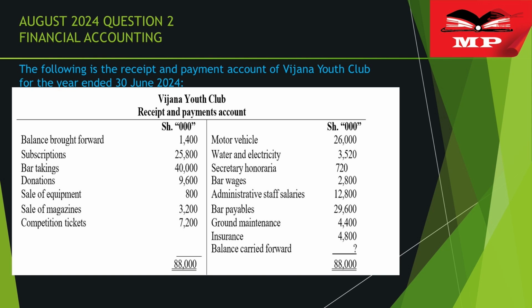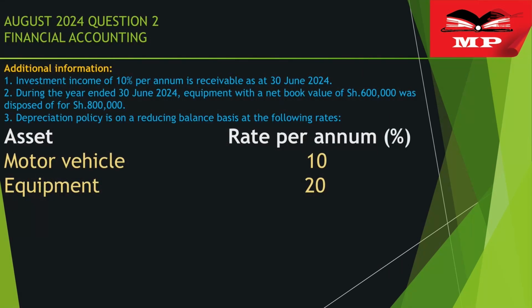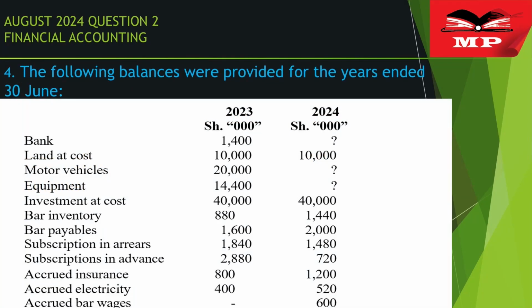So subscriptions is the first income. Do we need to adjust this 25,800? How do you tell if an adjustment is required? You look at the additional information. Additional information number 4.